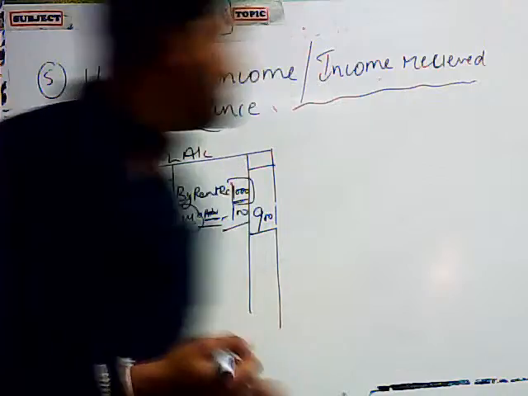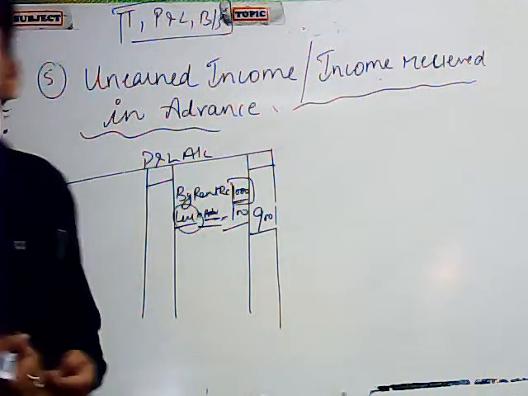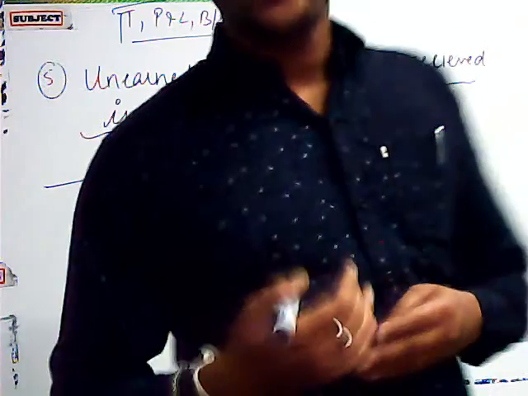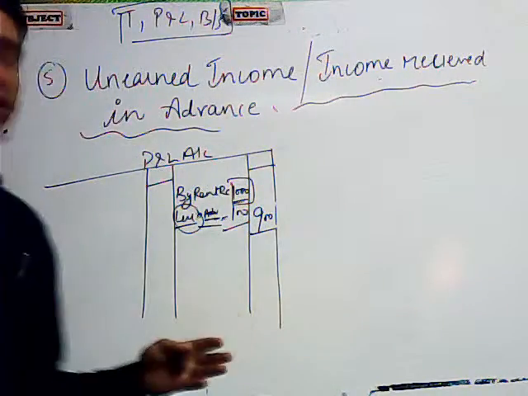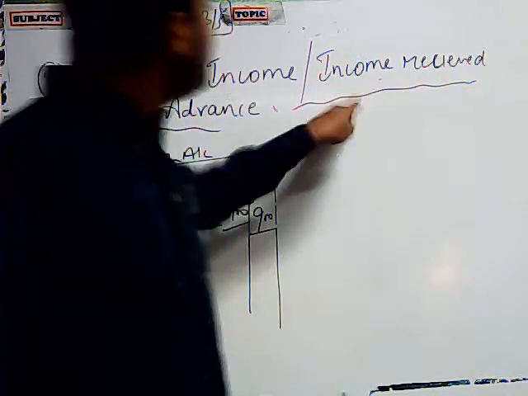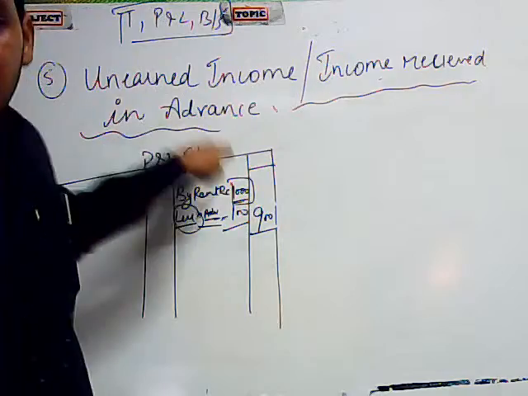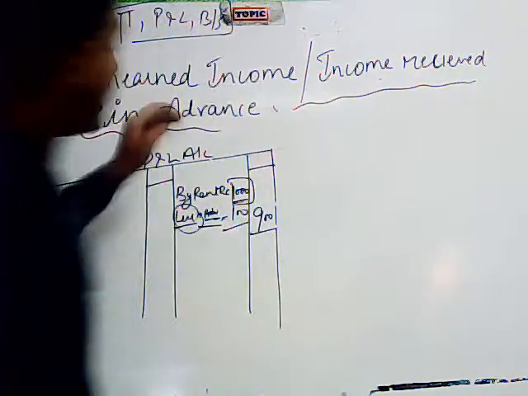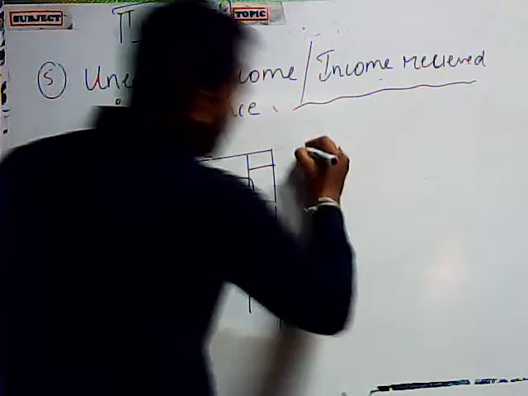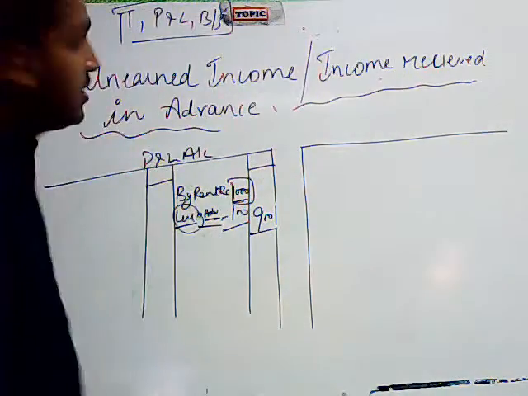So it means that is your liability. अगर आप बैंक से लोन भी लेते हो, that is also a part of the liability, because you receive something from the bank and you will return that money in the future. In the same way, you receive some income, some rent, some commission, some salary in advance from your employer. So it means that is the liability of a person, that they have to return that money in the future.